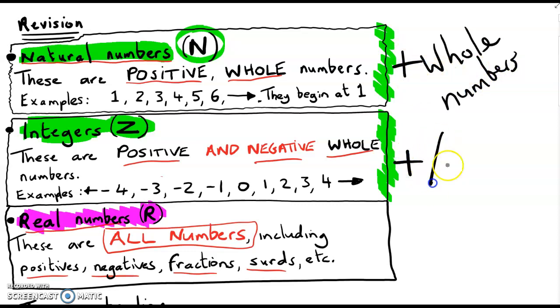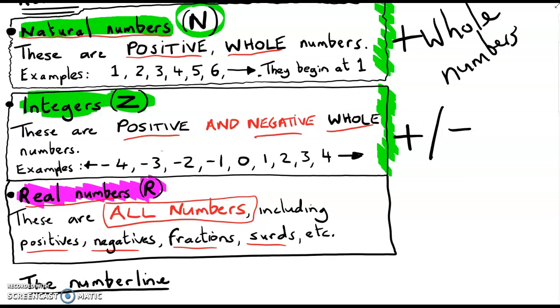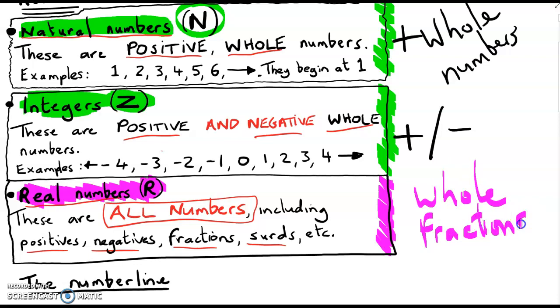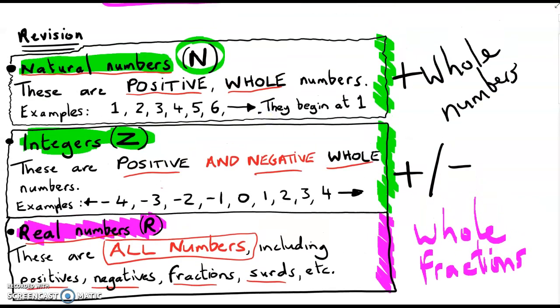For integers, it's positive and negative. And then for real numbers, it's not just about whole numbers. You do include the whole, but everything else, so fractions, all the rest. Okay, so there's a similarity really between natural and integers. Okay, it's important because we'll come back to that in a moment.